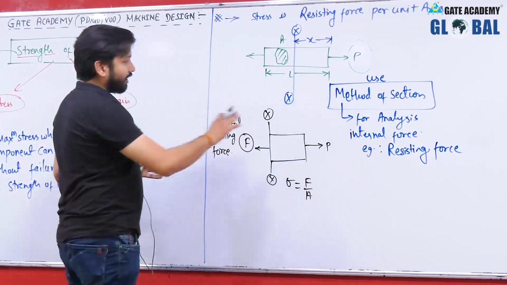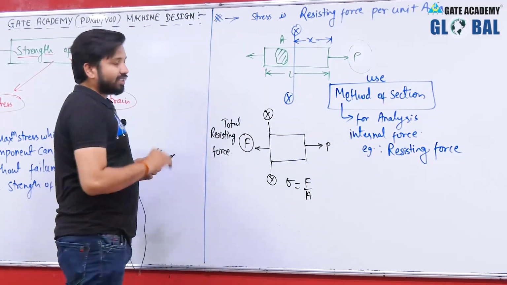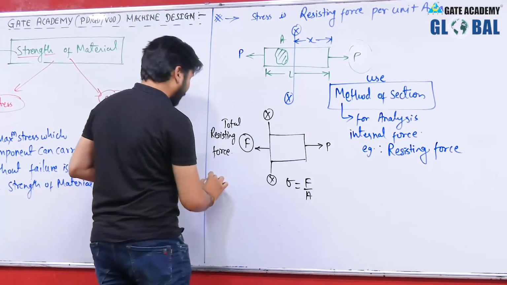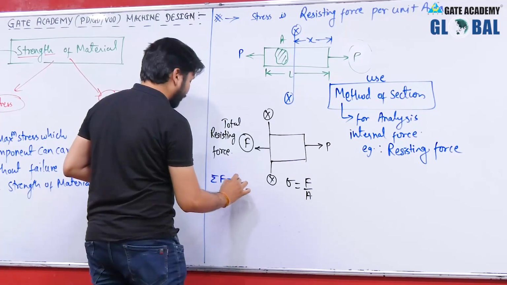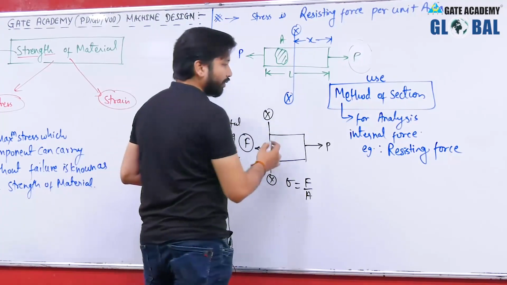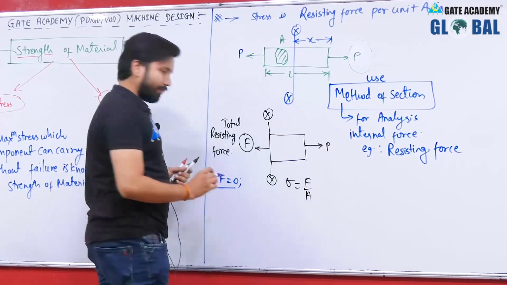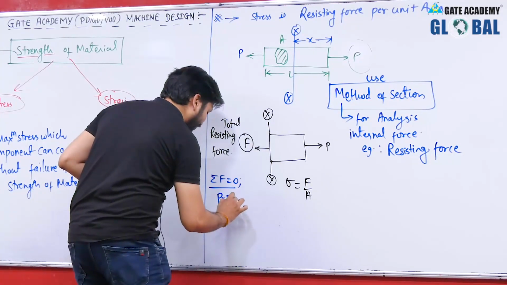Now here for condition of static equilibrium, the summation of all the forces must be equal to 0. So here also these forces should maintain the static equilibrium, hence this will be P minus F is equal to 0.